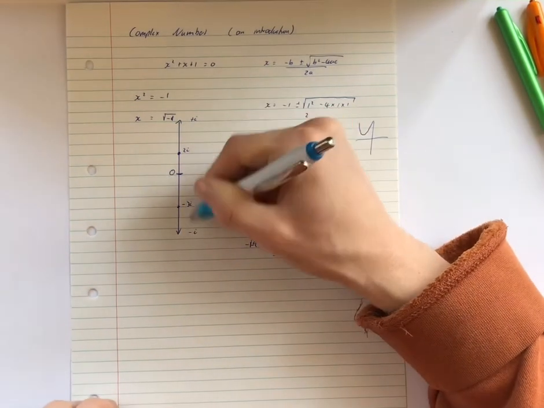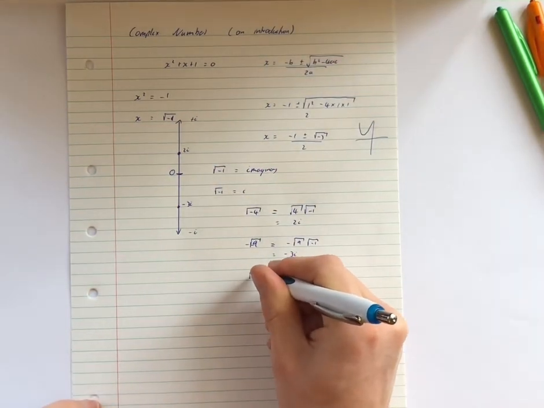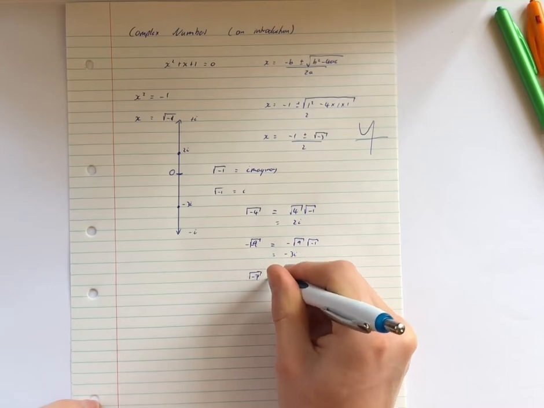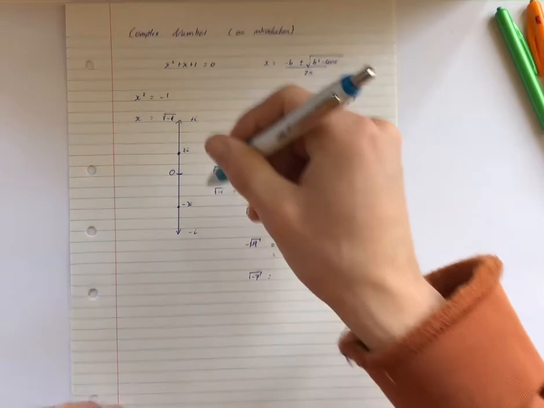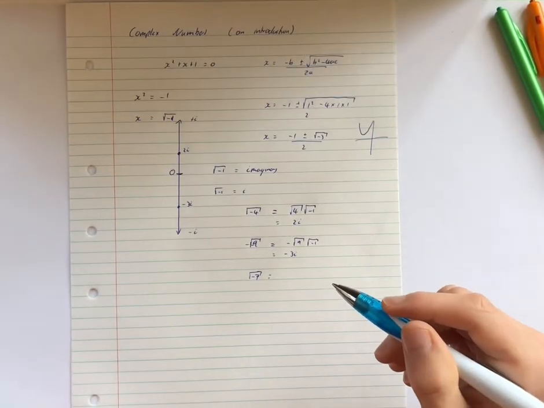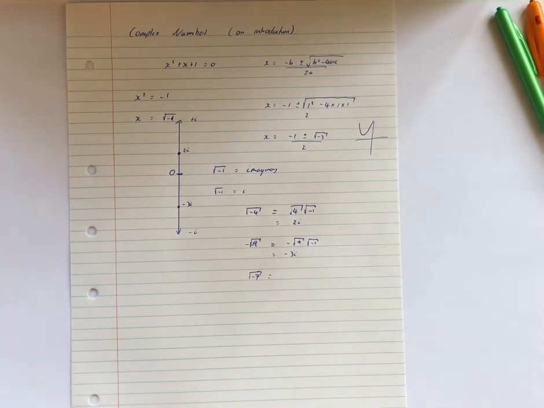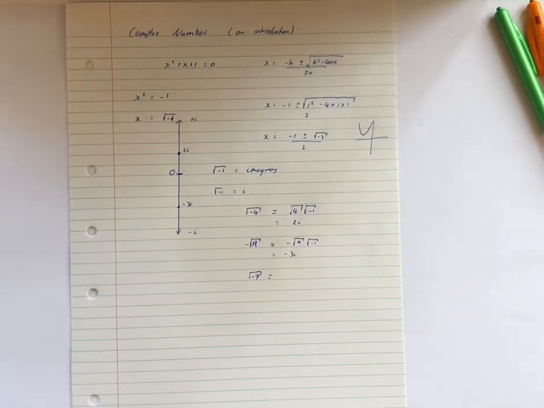And obviously all i's in between, so if you wanted to take the square root of negative 7, then that would be some kind of irrational number of i somewhere in there. So that is what the imaginary numbers are good for. We can now square root and express those values on this new system of imaginary numbers.